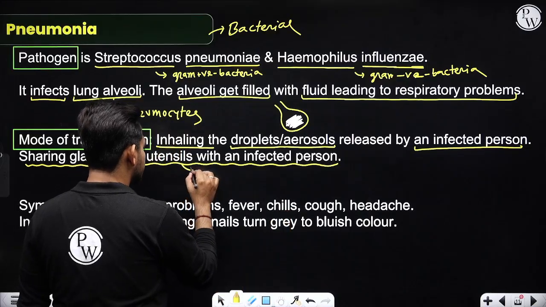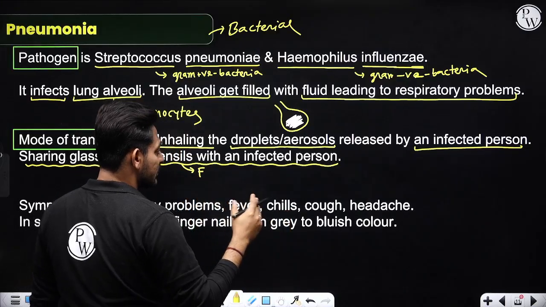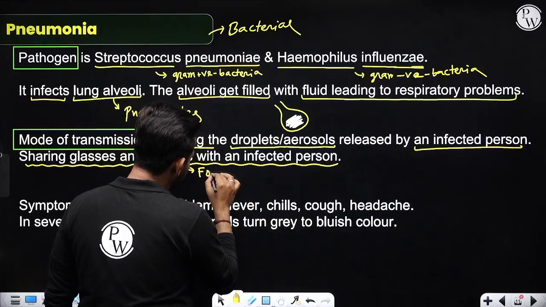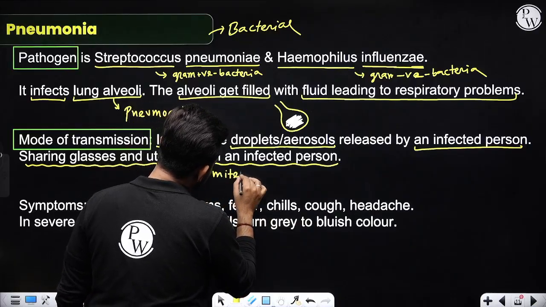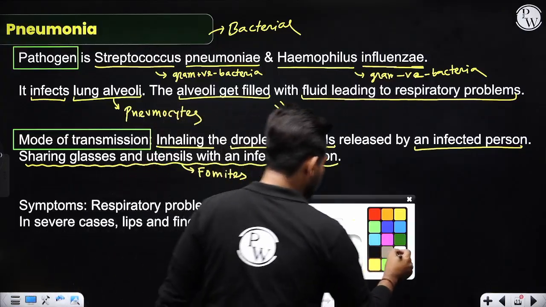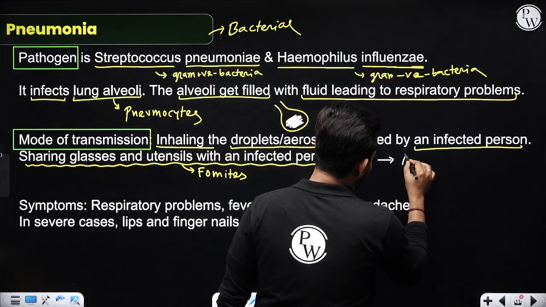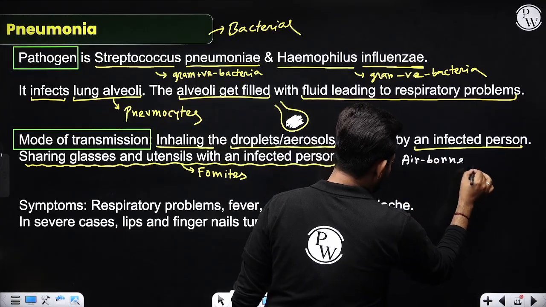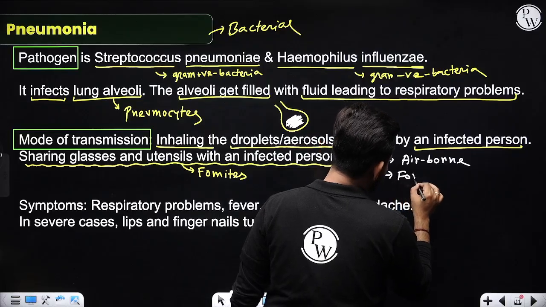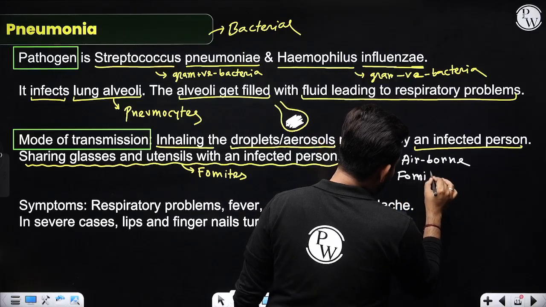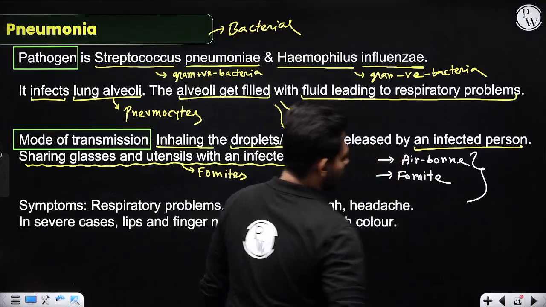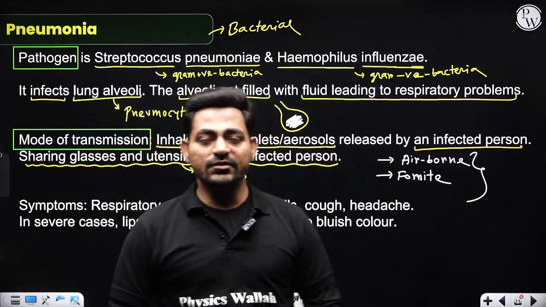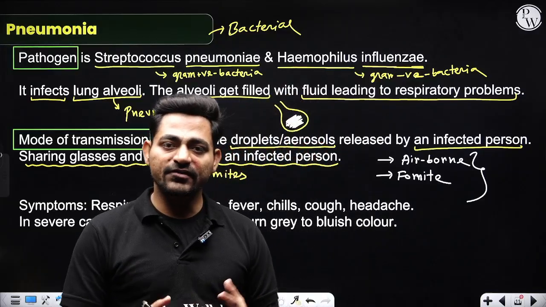So this disease can also be spread by fomites. Basically, this is an airborne disease, also a fomite-borne disease. Fomite means the goods which are used by an infected person.